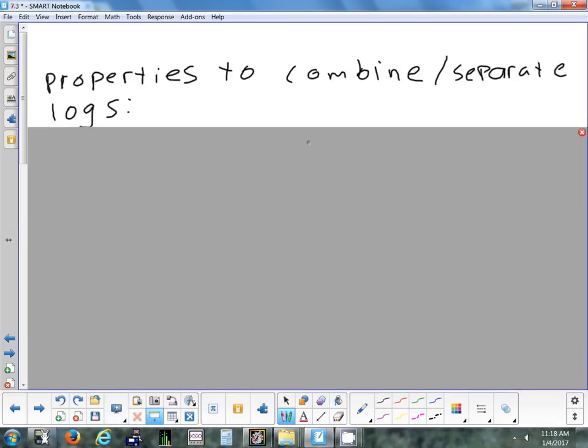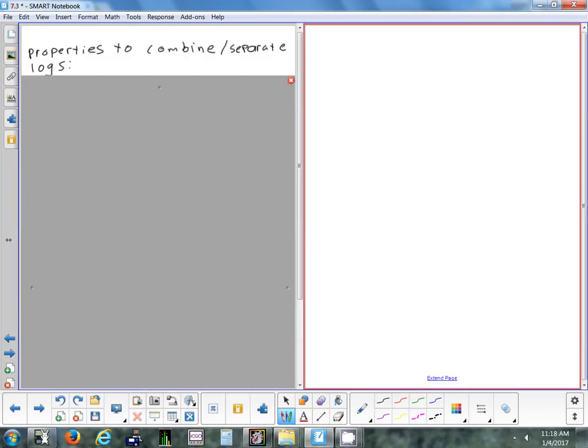So we're going to look at some properties now we can use to take logs that are separate and combine them, or take logs that are already combined and separate them if you want to. What do you think has to happen in order to take two logs and combine them?